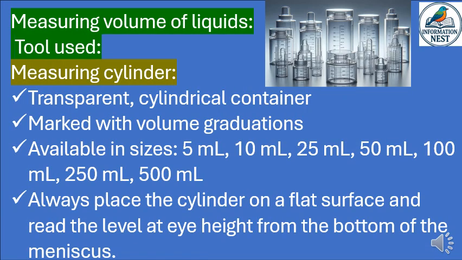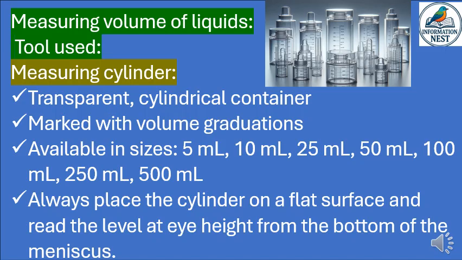Right? Children, let's get hands on with one of the coolest tools in the science lab, the measuring cylinder. If you have ever wondered how scientists measure liquids with precision, this is the hero of the story. What is it? It's a transparent cylindrical container marked with volume graduations.